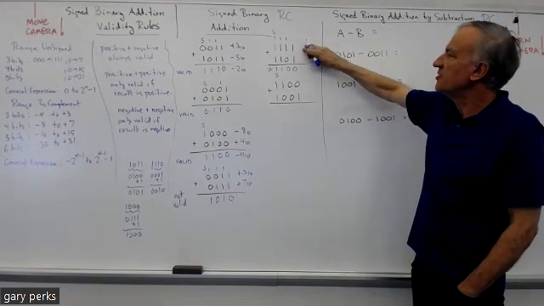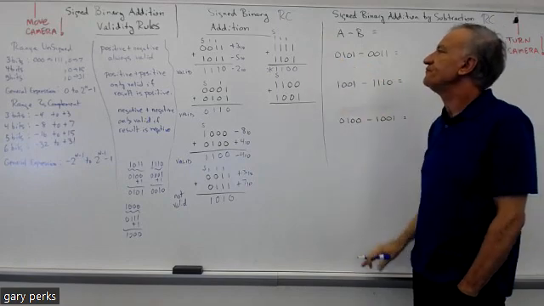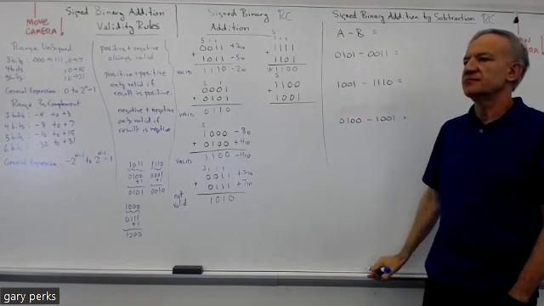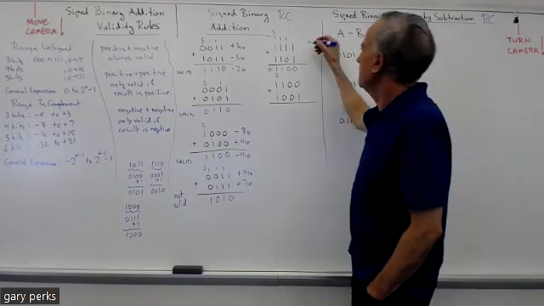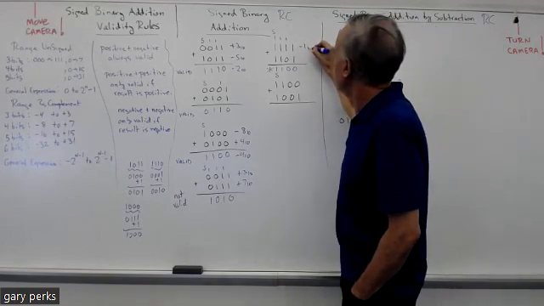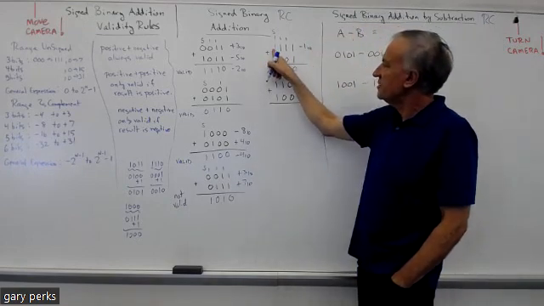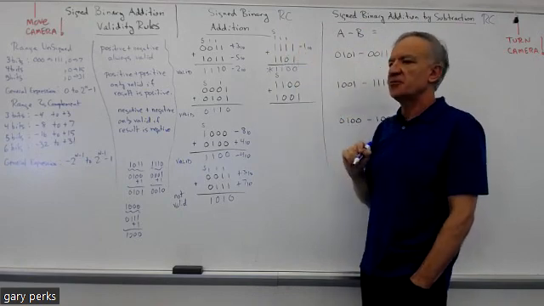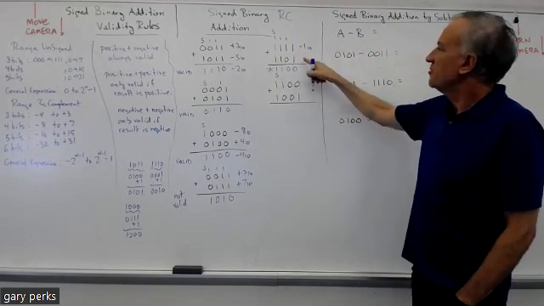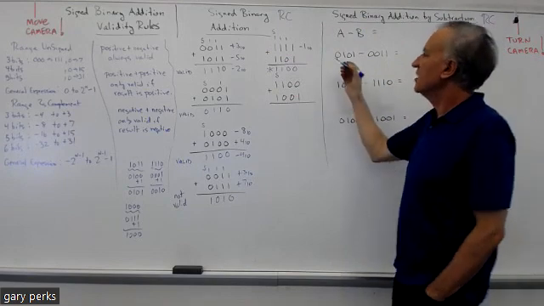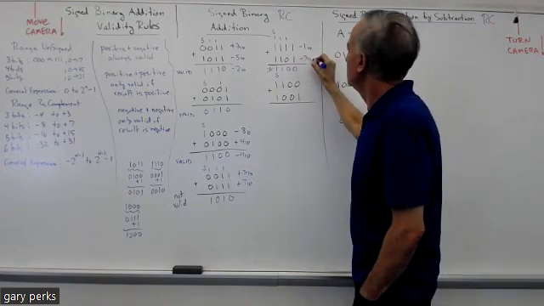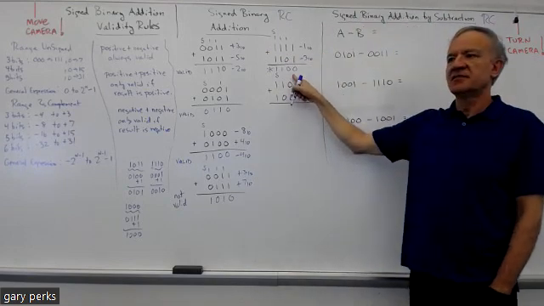Okay, so we can convert these and again verify in base 10 that this is correct. So what would this be in base 10? -1, right? Again, the sign bit tells us it's negative, flip all the bits, add 1, you would get 1. Okay, how about this? -3. And is this -4?